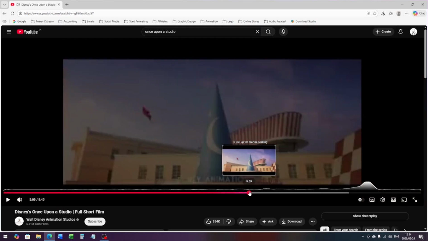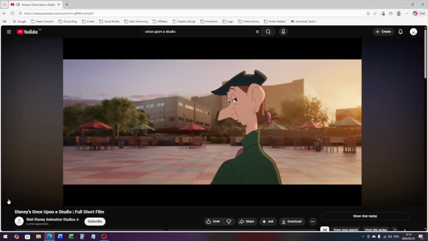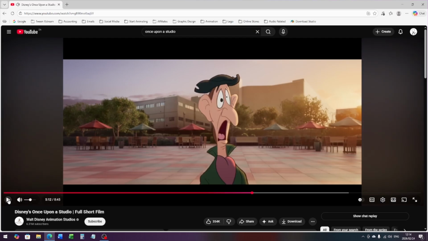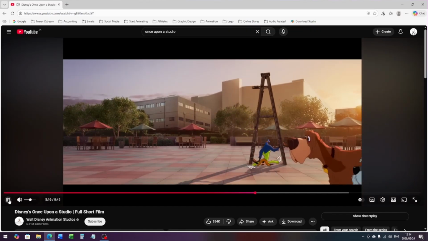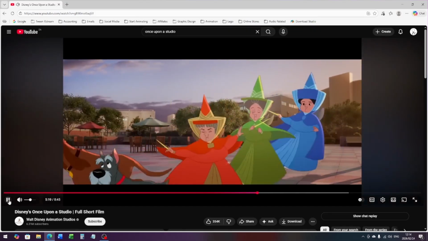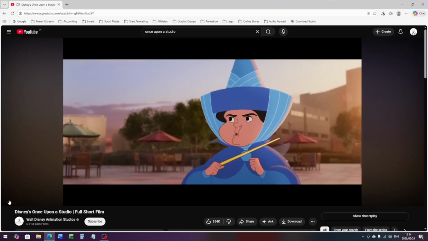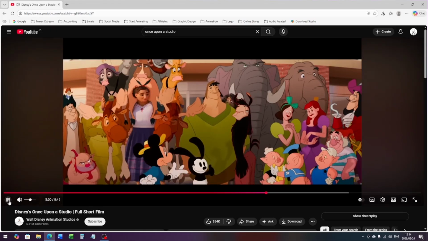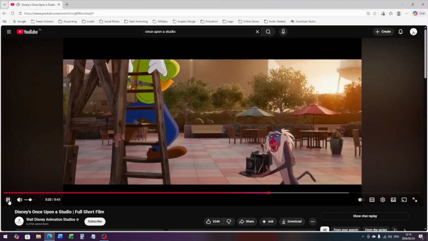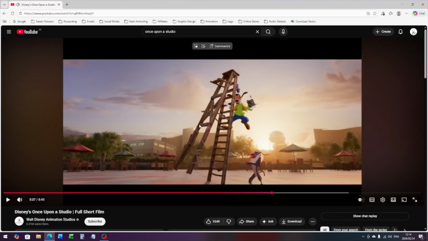So again, some squash and stretch. Normal, stretch, squash. Now you'll see Goofy, there's a lot of arc movements with Goofy here.